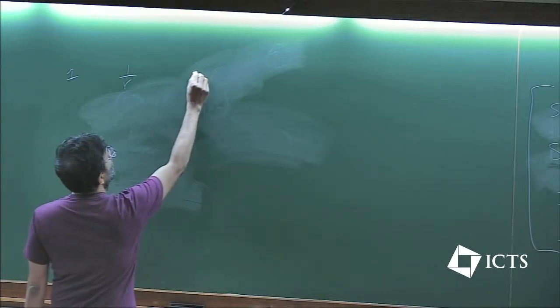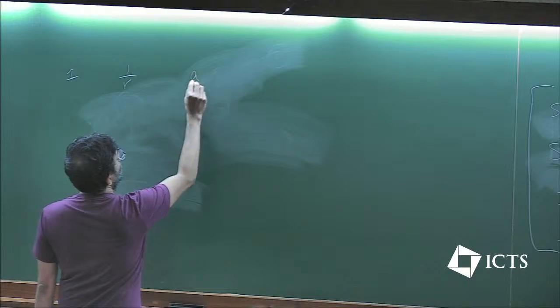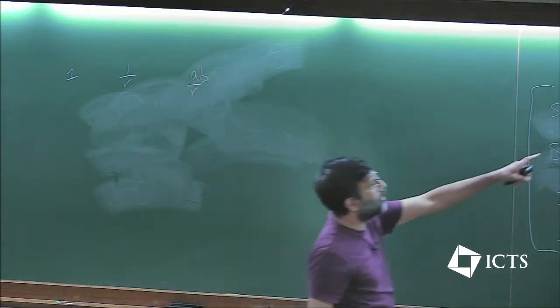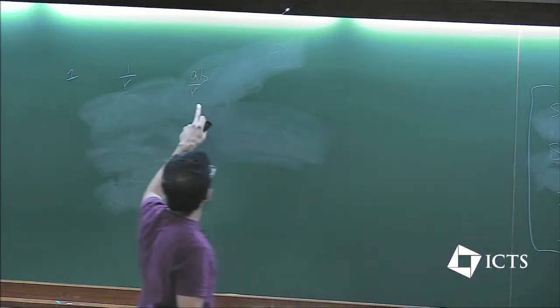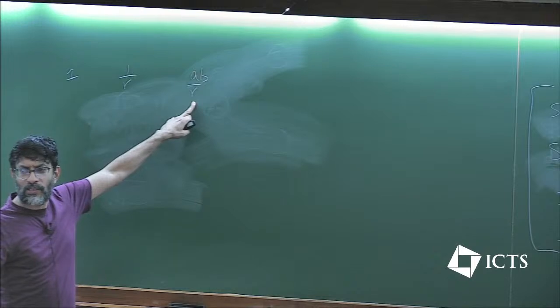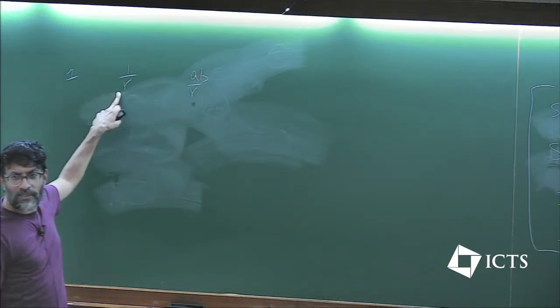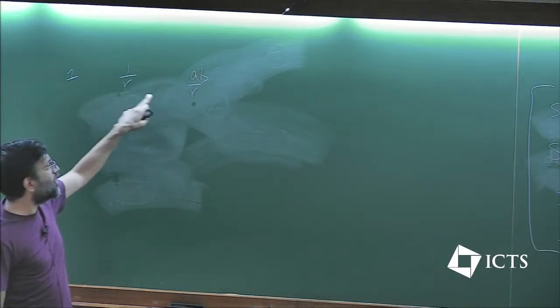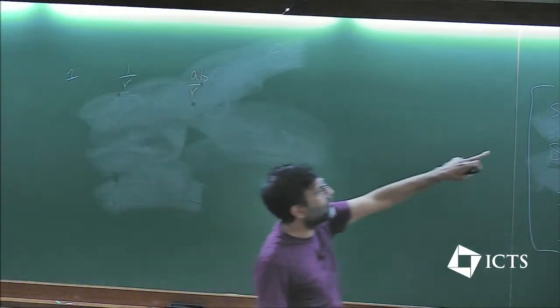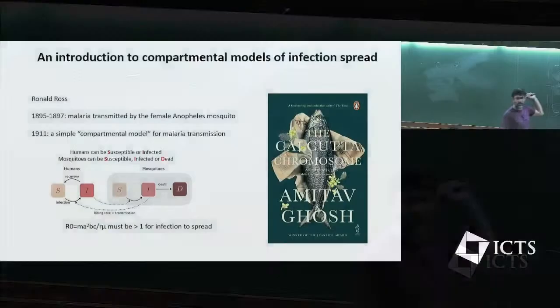So we know that a times 1 over r times b, that's what we put here. That's the probability for any given mosquito in the population to bite this person in that much time and get infected. It comes exactly from the rate we put here.